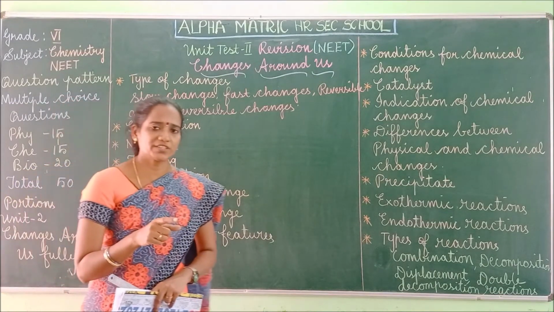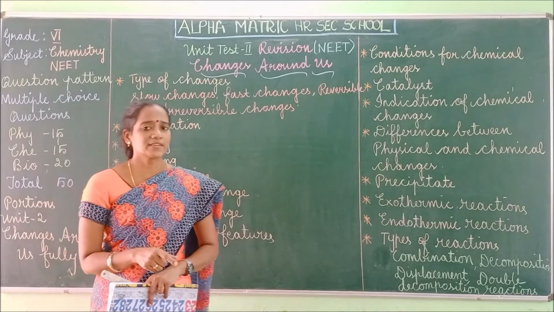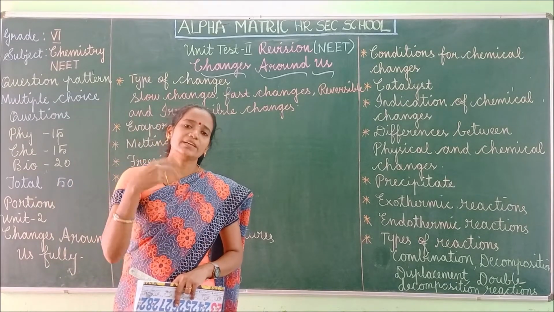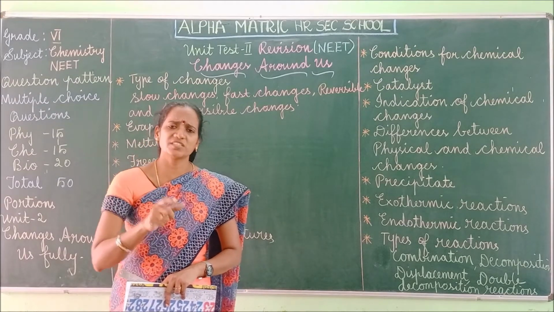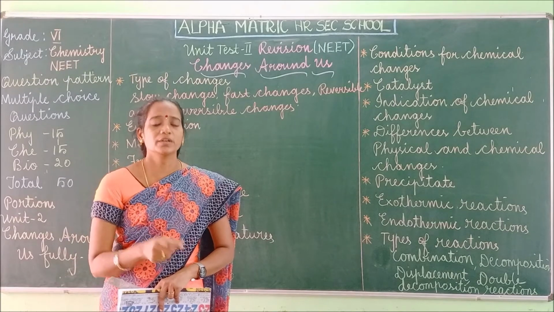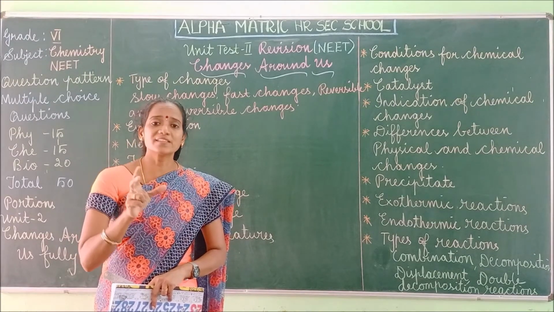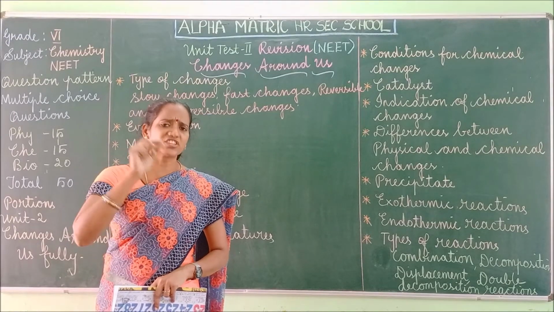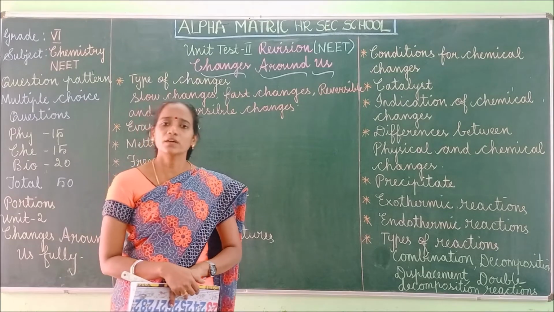One is slow change, second one fast change, third one reversible change, next one irreversible change. For all these changes you should know the meaning, the definition you should learn. Also you should know some examples for each and every change. Then only you can attend the questions.